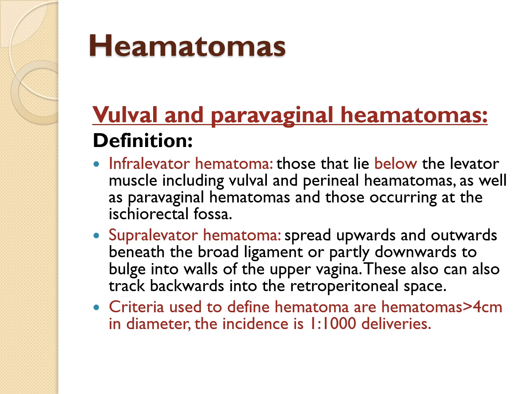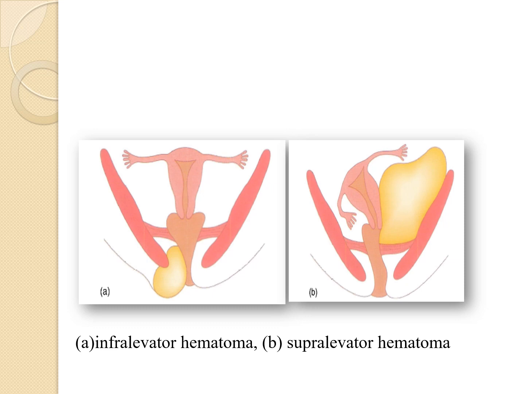The incidence is 1 per 1,000 deliveries for infralevator hematoma. This figure shows the difference between the infralevator hematoma and supralevator hematoma in location, regarding the levator ani muscle. You can see the supralevator hematoma can result in deviation of the uterus to the contralateral side.